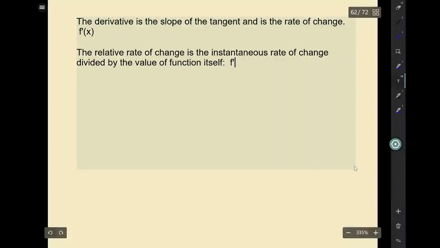So we've got f prime of x divided by f of x, or if you prefer, f of a. So x is taking on a value, and in this case it's the value a.